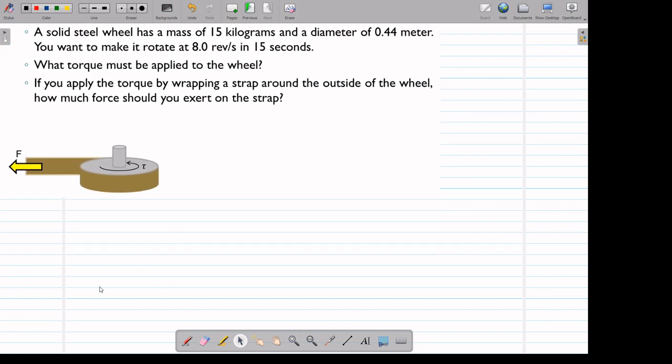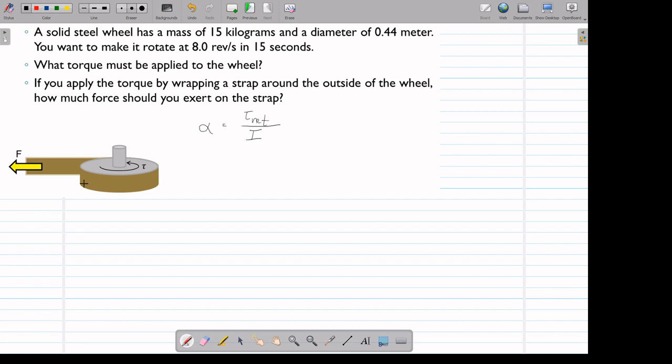All right. We'll start with the rotational analog of Newton's second law of motion, which is that the angular acceleration, or alpha, is equal to net torque divided by the moment of inertia.